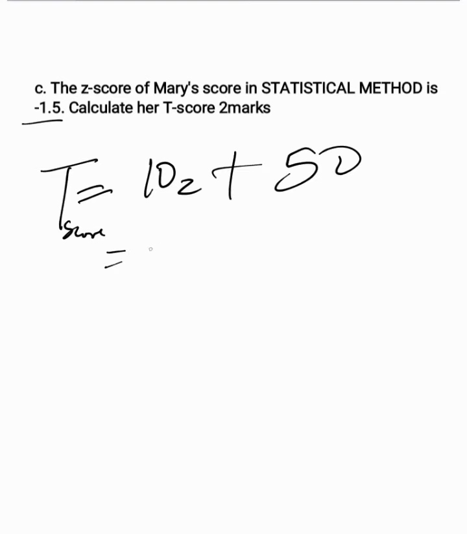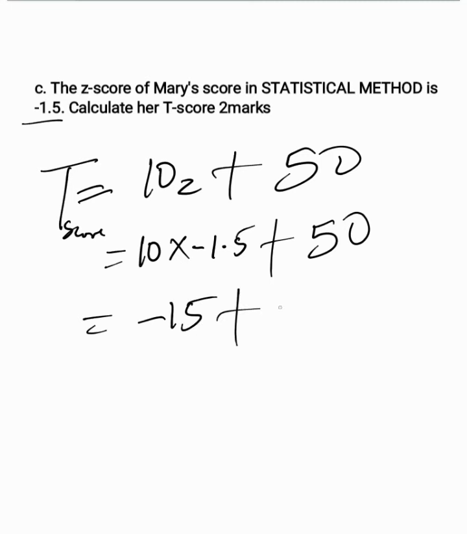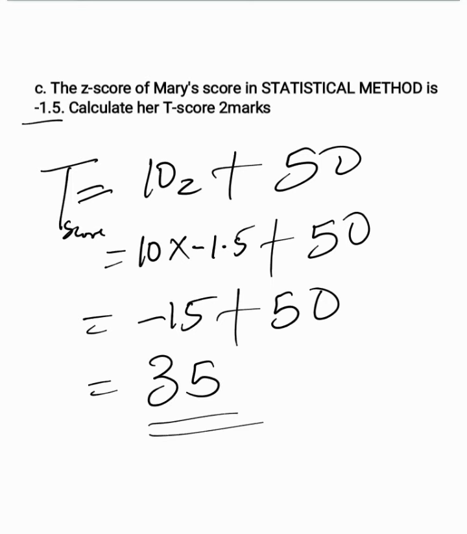So we're going to have 10 multiplied by negative 1.5. Then we add 50. 10 times negative 1.5 will give negative 15 plus 50. That is the same thing as saying 50 minus 15, which will give us 35. So the T-score is equal to 35.